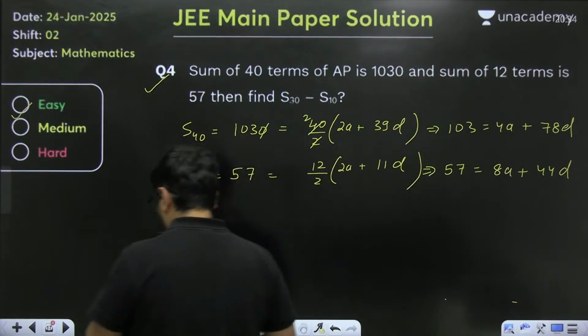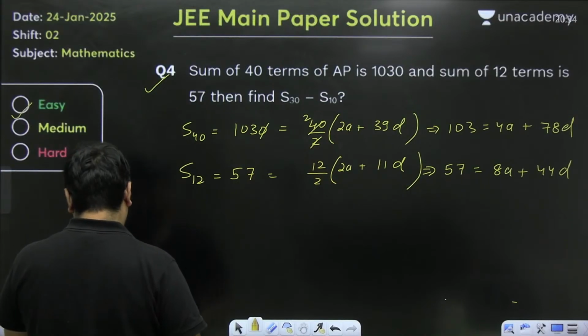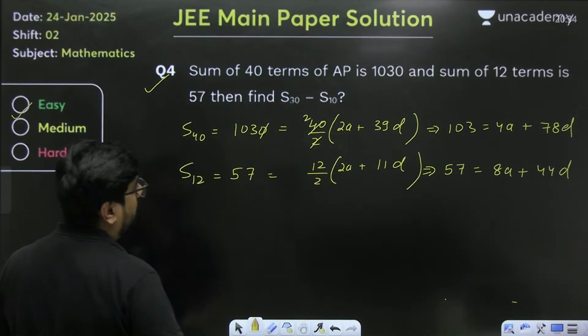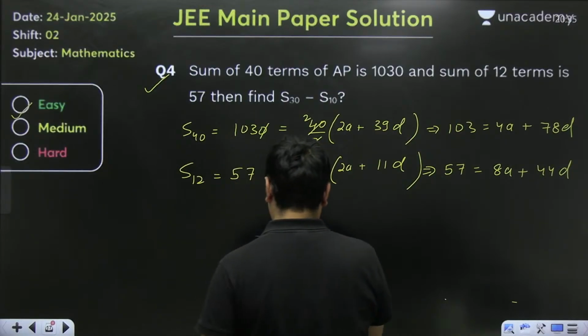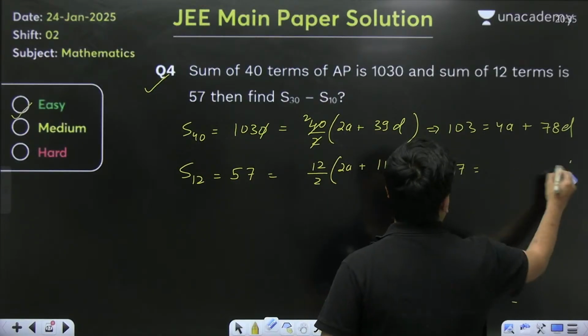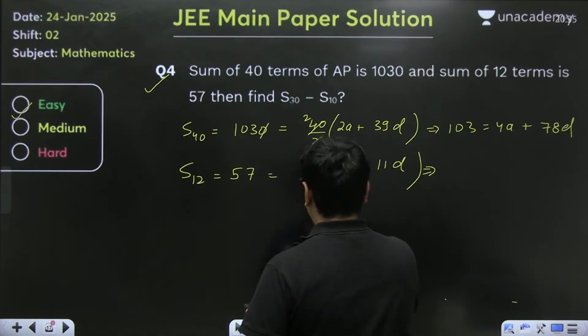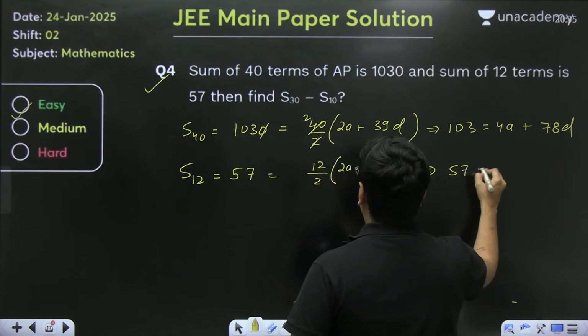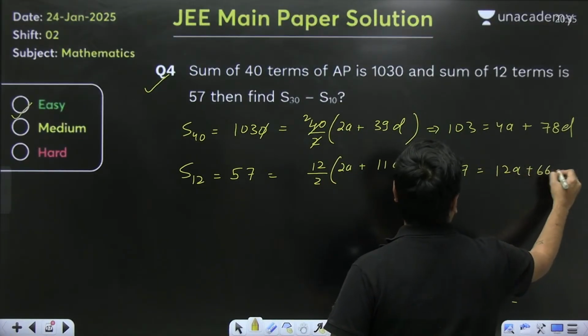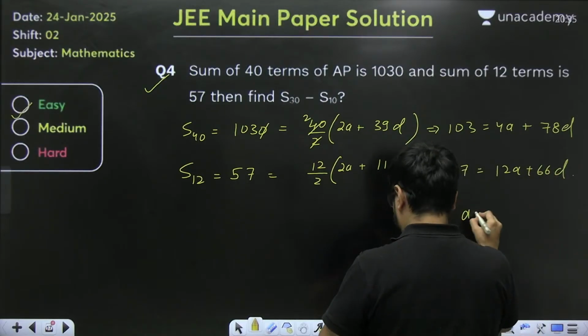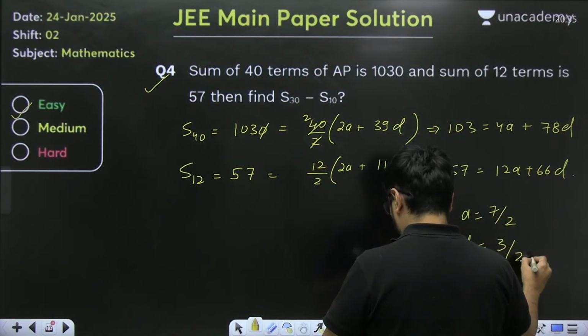Your A will come out to be, yeah, this was wrong, right? This I did wrong. This will be 57 equal to 12A plus 66D. That's why the answer was coming wrong. A will come out to be 7 by 2 and D is coming out to be 3 by 2.